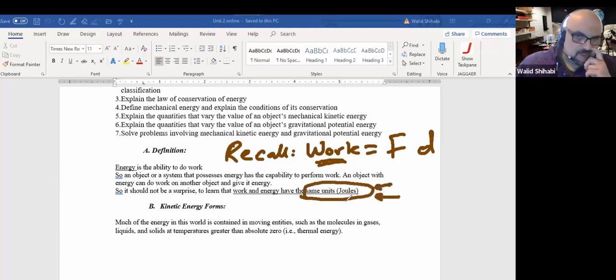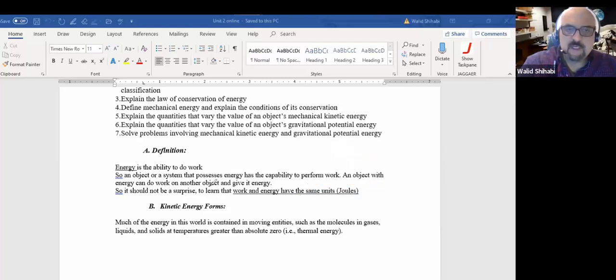Okay, there are other units of energy that we'll see other than joules. We have, for example, BTU, which is the British thermal unit. We have the kilowatt hour, another unit of energy. That's the unit the electric company charges us by, the kilowatt hour. We have calories. Calories is a unit of energy. But the metric unit is joules. Okay, the metric unit of energy is joules.